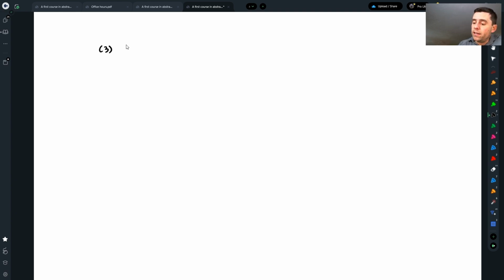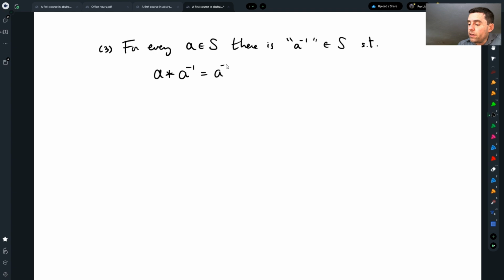So I need that for every A in S, there is some A inverse in S also, such that A star A inverse, and A inverse star A, will be the identity, which I know now is 0.